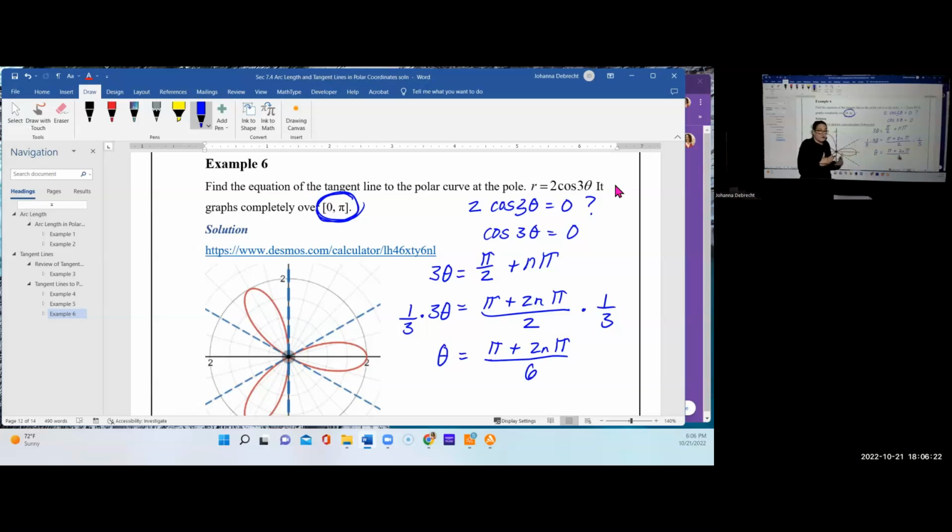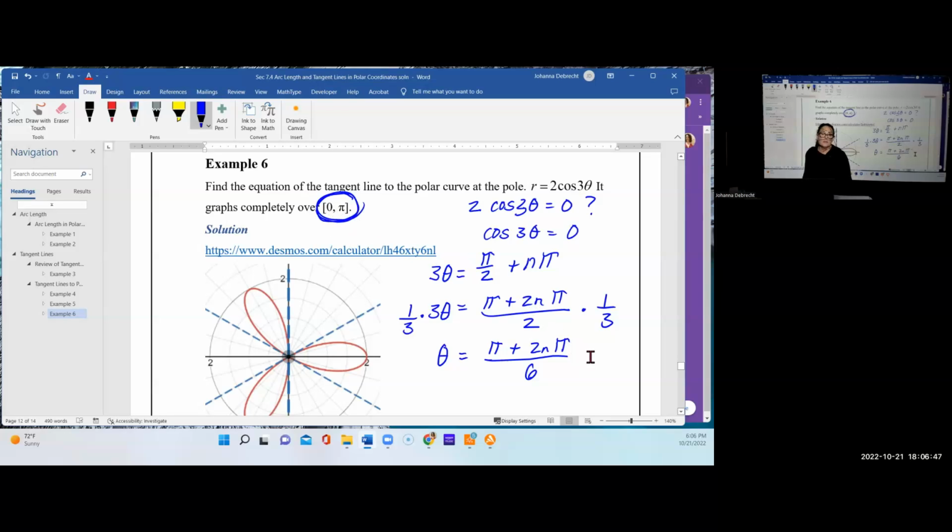And this makes me feel pretty good because I could tell from the graph that this was coming in at an angle close to pi over 6. And I can tell by looking at this formula here that if I choose n to be 0, I'm going to get pi over 6. So what I'm looking for are values for this that fit within 0 to pi.